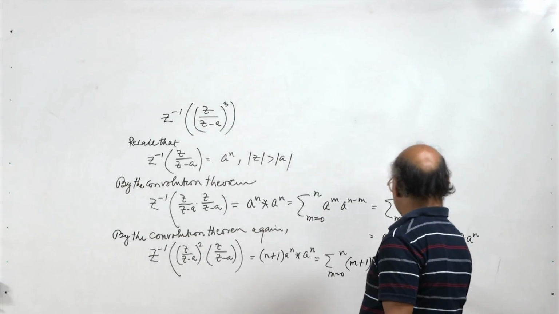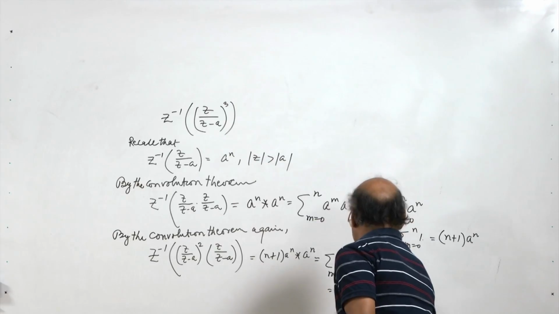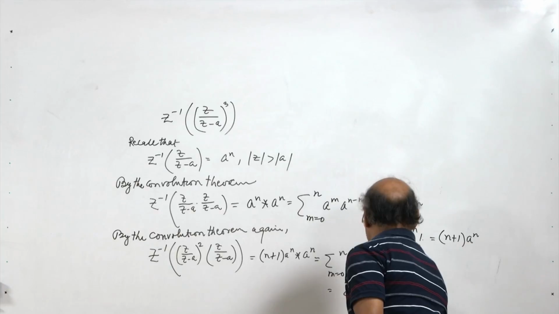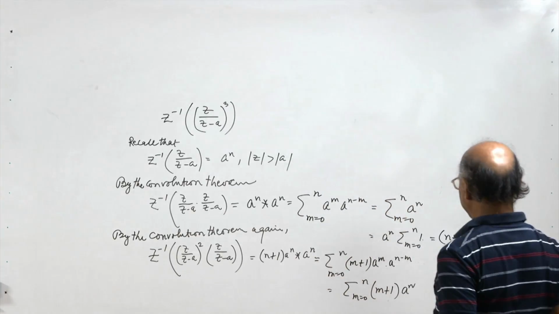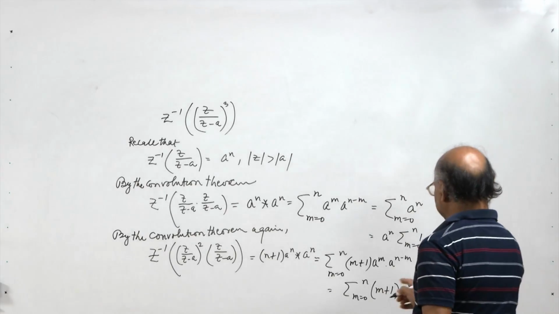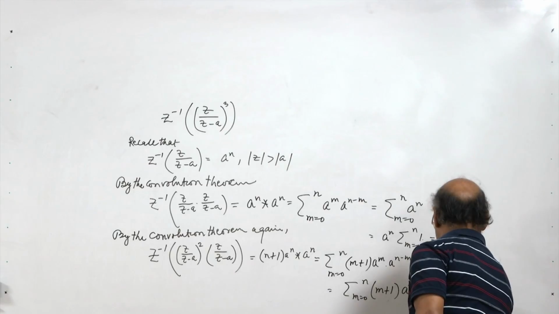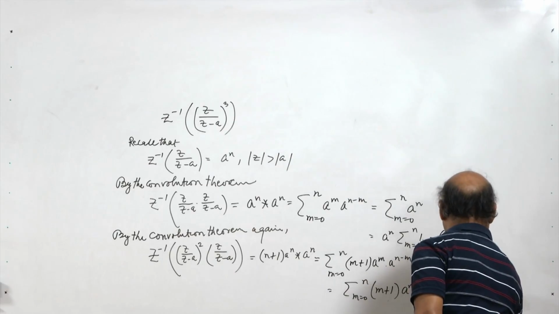So a^m and a^(n minus m) will cancel, and we will have the summation m equal to 0 to n of (m+1) a^n. a^n is independent of m, so a^n can be written outside, then the summation m equal to 0 to n of (m+1).